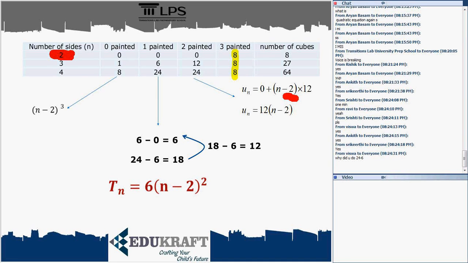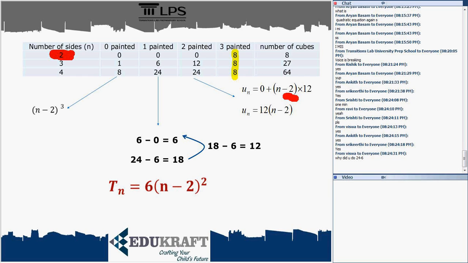So depending on how many sides there are, whether somebody tells you there are 10, or sliced into 10 pieces, a cube of n, 10 by 10 by 10 cube, or they say 20 by 20 by 20 cube, I have expressions here.